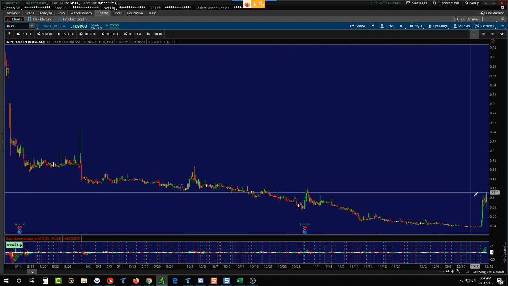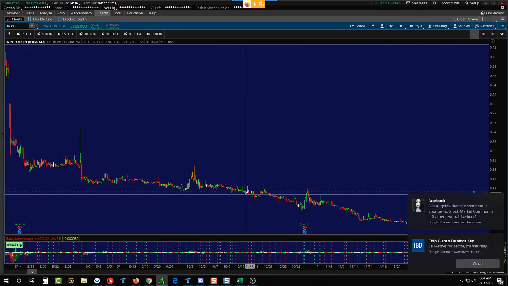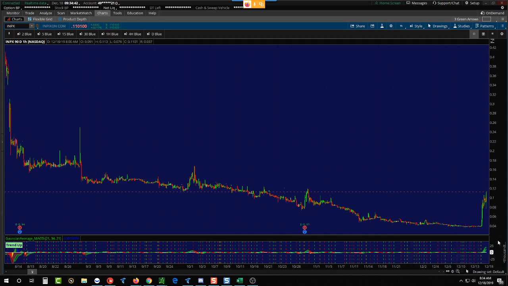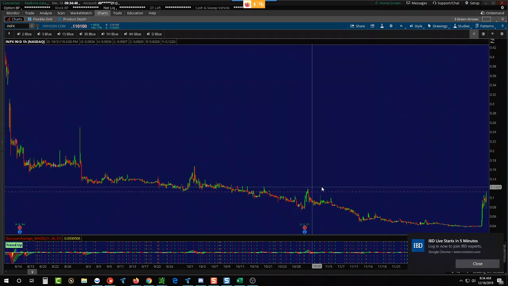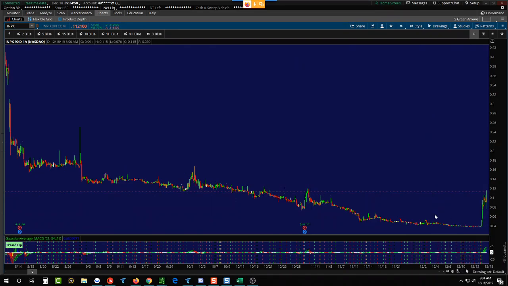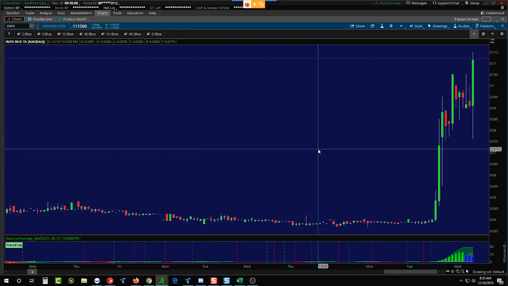Looking left, be very careful when you're dealing with these cheap little penny stocks. They can rip your account apart if you're not careful. You can see that we're pushing right up into a pivot point. This thing is still moving, but it's in hundredths of a penny.